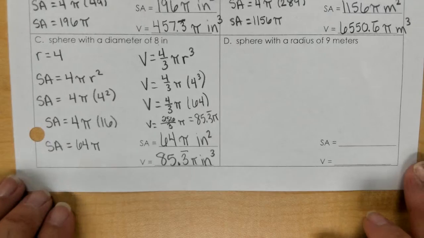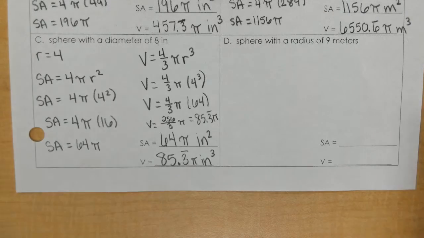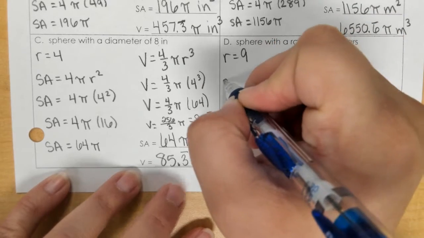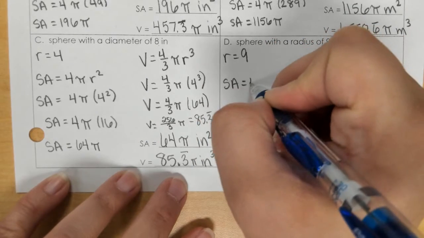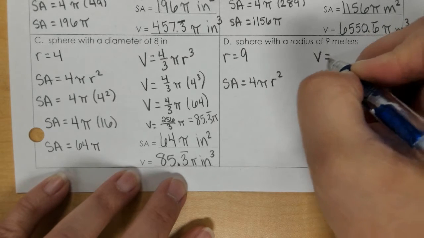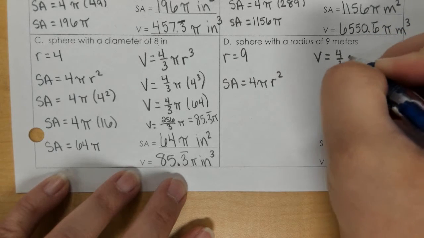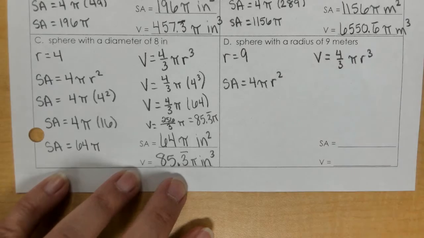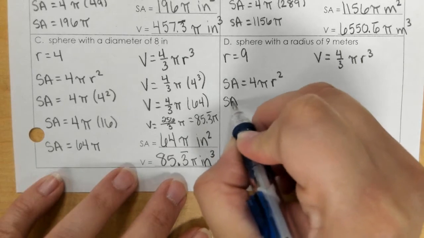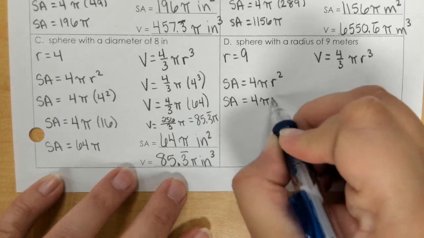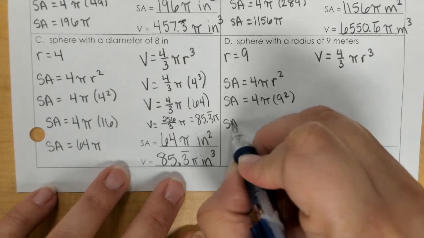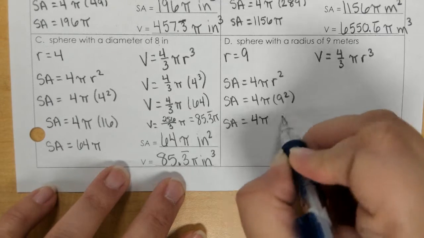Okay. And then in letter D, very similar, but we are given the radius this time. So if the radius is 9, you're just going to plug into the surface area and to the volume. And so I'm going to plug 9 into R. 9 squared would give me 81.